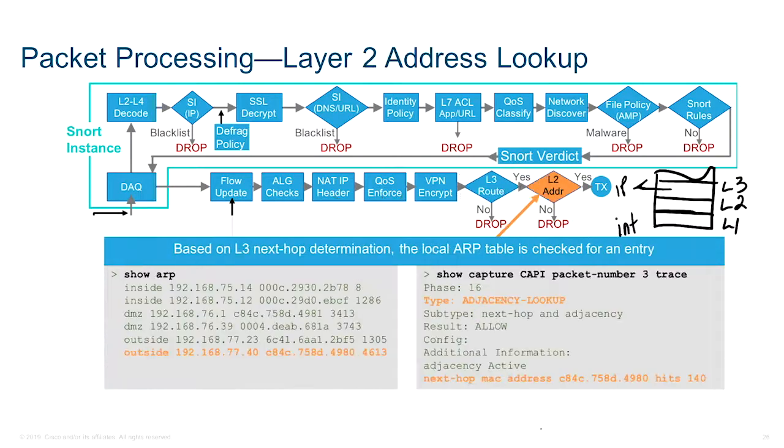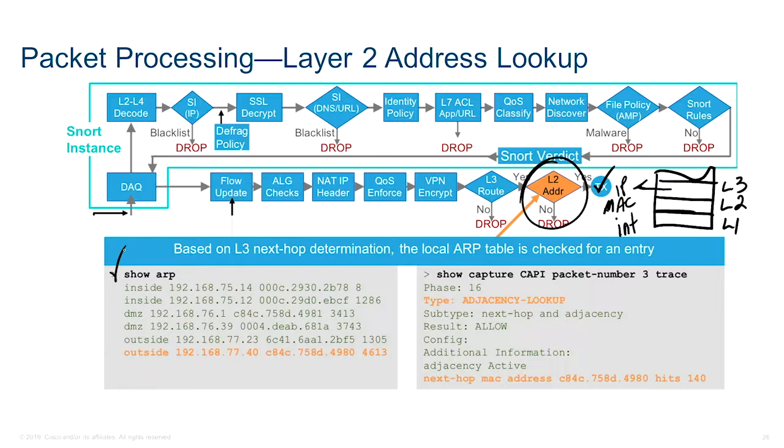So now what we have to do is literally bridge that information with finding out what the MAC information is, so we can fully reassemble, fully craft our packet before it goes out of the egress interface. So this is going to be, if I may oversimplify this, verifying ARP information.